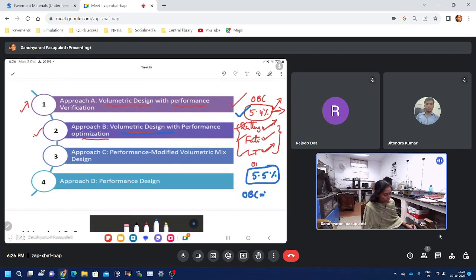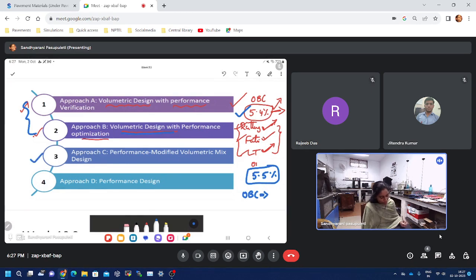But before finalizing that, we have the facility to change that OBC by increasing it by a little percentage. In approach A and approach B, there is not much innovation. This is almost like an existing process, and these two are the most conservative methods.